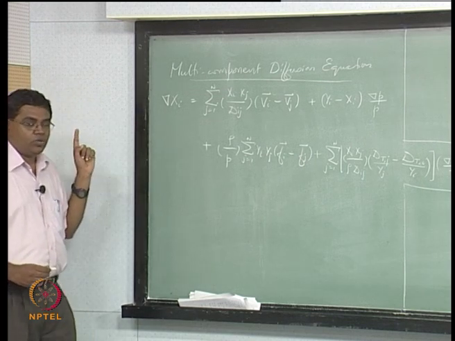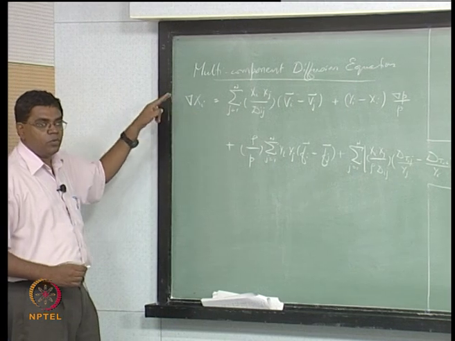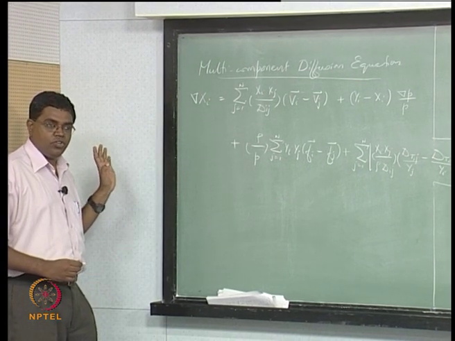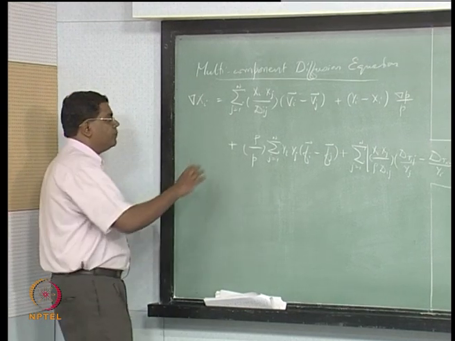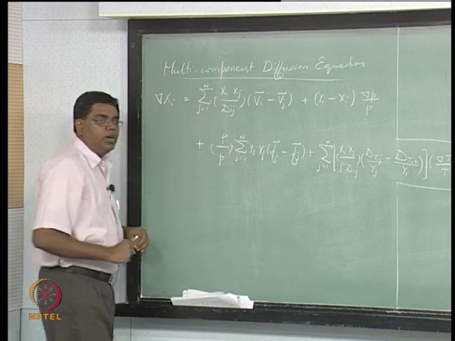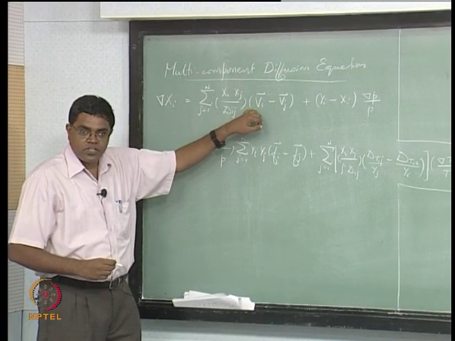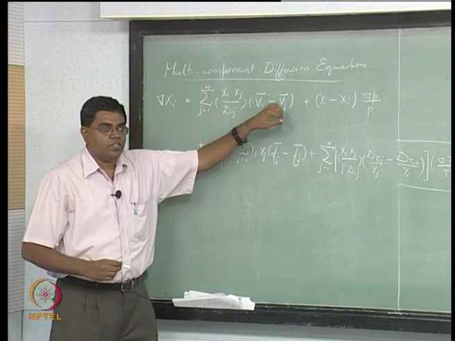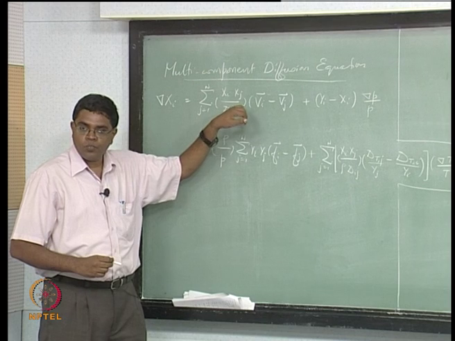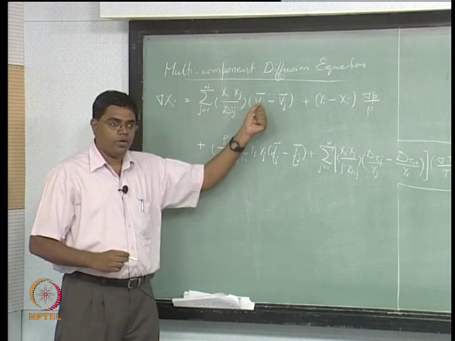I really wanted a concentration gradient in terms of mass fraction rather than mole fraction, but this is what I have. So any hope of getting Fick's law is from here, because that is what contains the mass diffusion velocity of species i. Unfortunately, it also contains the mass diffusion velocity of species j, which is not equal to i. If it were equal to i, you would have a 0 here, Vi minus Vi.